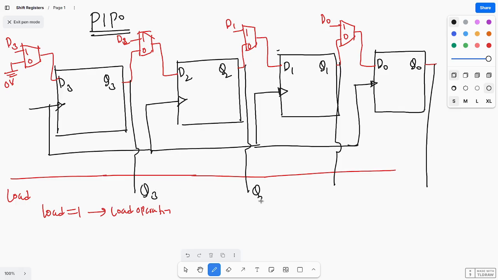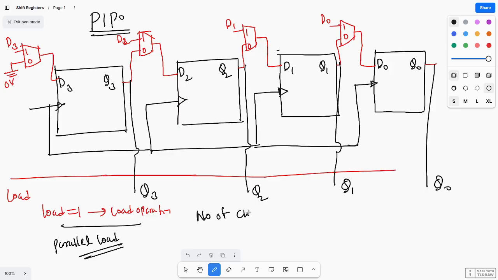So how many clock pulses are required? When load equals 1, the parallel load operation is happening.